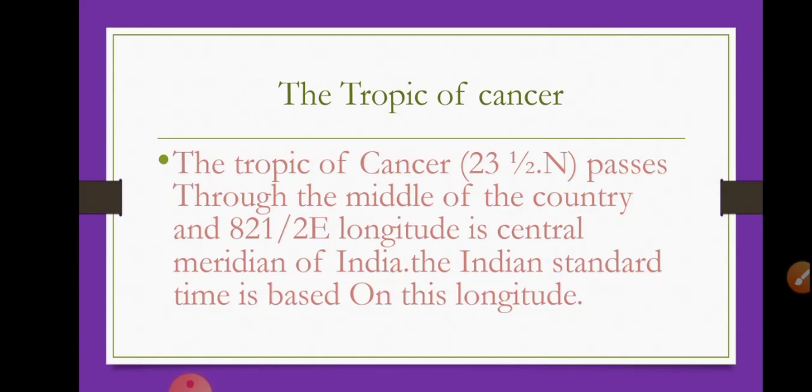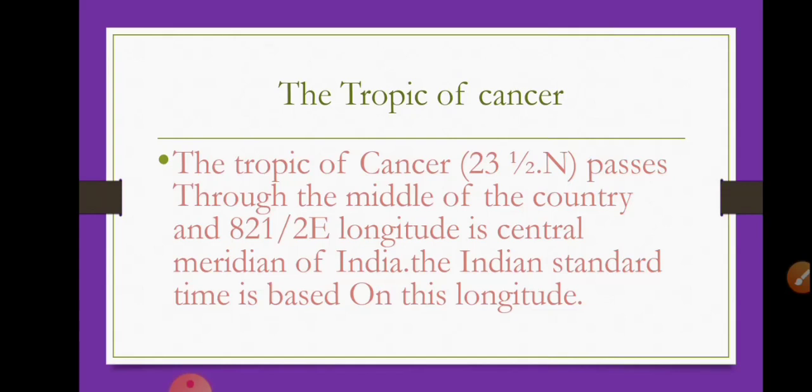When we go to the south, we see the Indian Ocean. And when we go to the east, we see the Bay of Bengal. So these are the three important water frontiers of India. Due to this reason, it is called a peninsula.